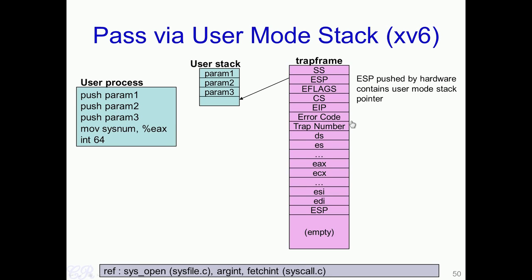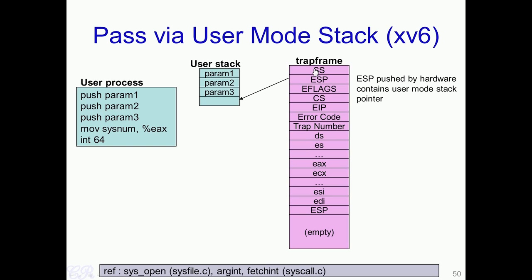As we saw in the previous video, some of the entries in the trap frame are pushed onto the stack automatically by the CPU. In particular, these registers specified in capitals are all pushed onto the kernel stack, that is onto the trap frame, by the CPU. Now, the SS and ESP here are important for us.